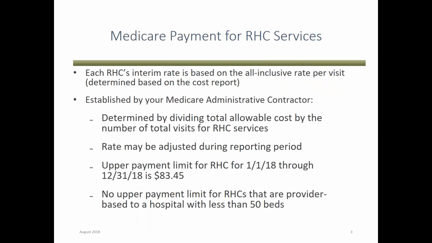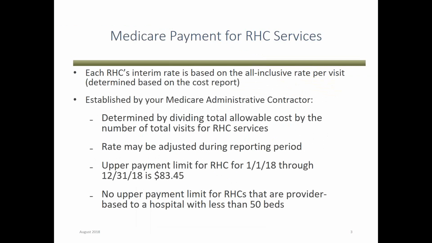For freestanding RHCs, the upper payment limit for the calendar year 2018 is $83.45. This is the maximum that you would receive, less the copay and deductible.